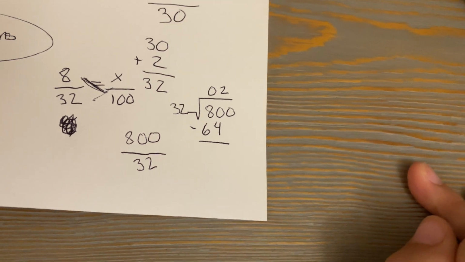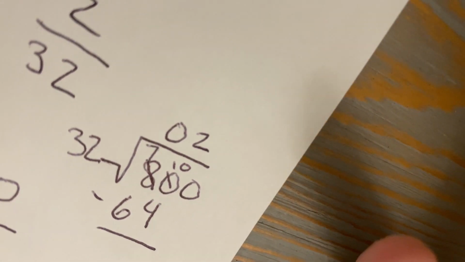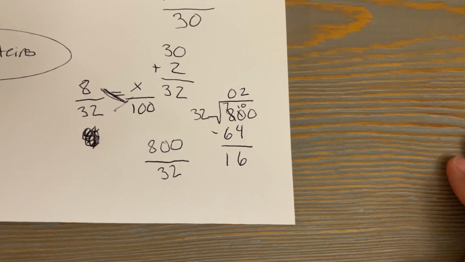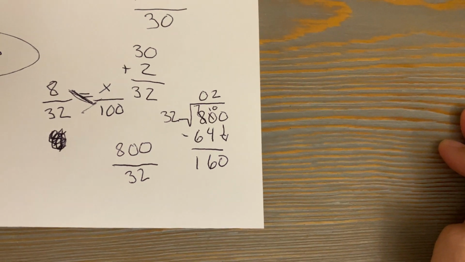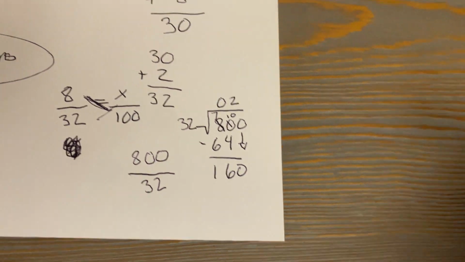We're going to subtract 64 from 80, which leaves us with 16. Can 32 go into 16? No. So let's bring the 0 down. How many times can it go into 160? Raise your hands, please. 5.